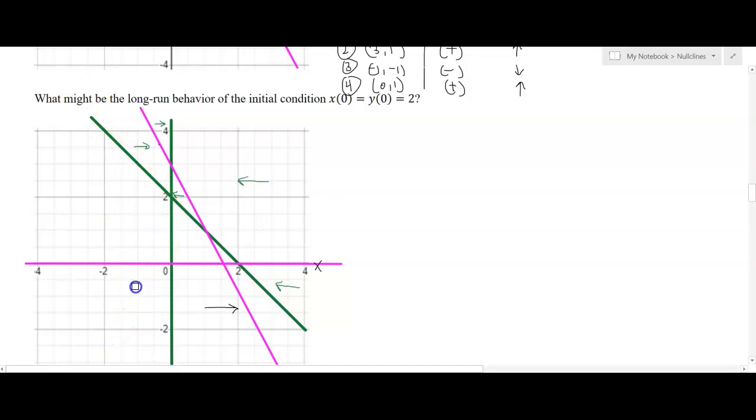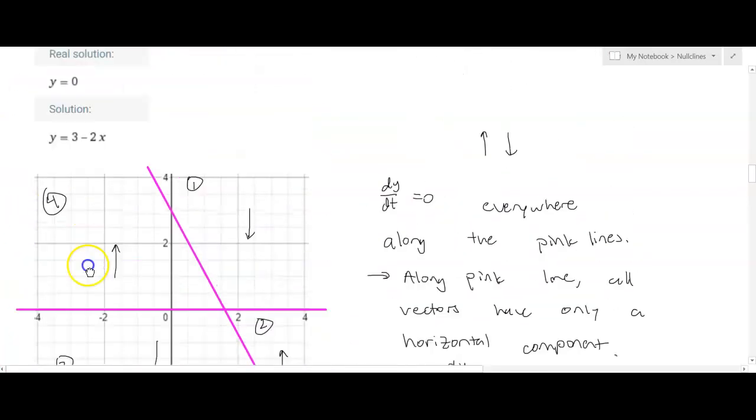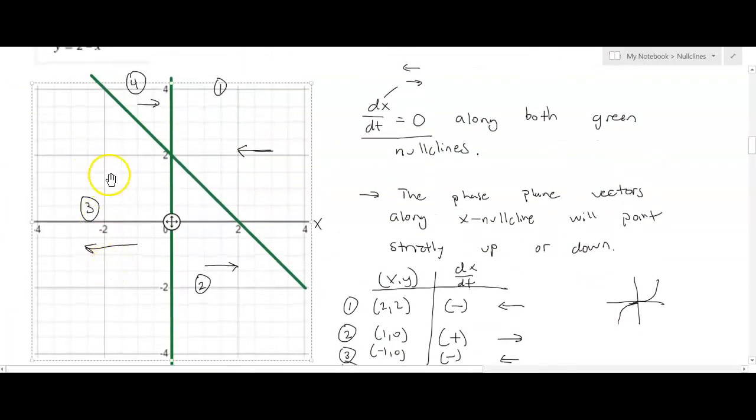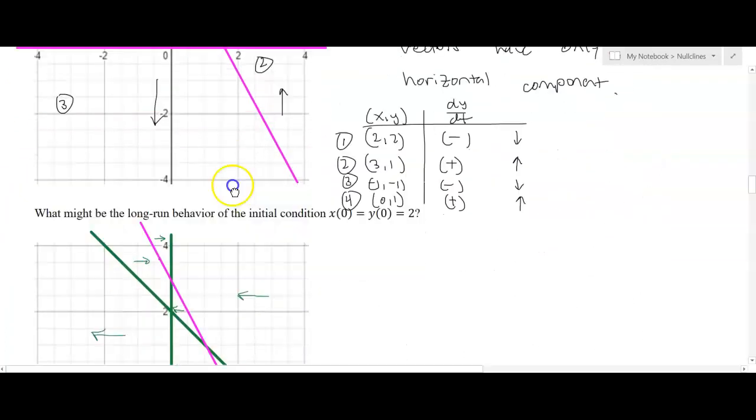And so now it's been subdivided into two regions because of the pink vector. So here there's a left pointing vector, here there's a left pointing vector. And so that covers me everywhere within this region, which corresponds to what we called region 3. So we've just basically labeled the top half and the bottom half.